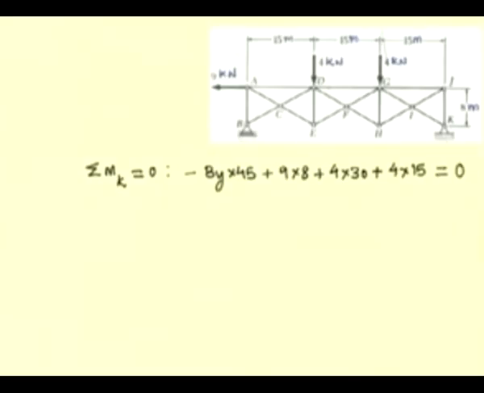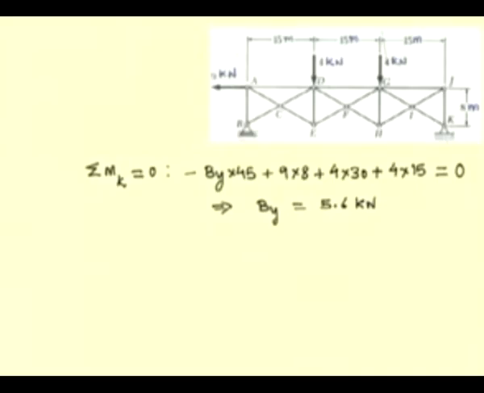Because for equilibrium to exist, the moment of all the forces about a point has to be 0. From this equation, it is possible to determine By, and it has been found to be 5.6 kilonewton.